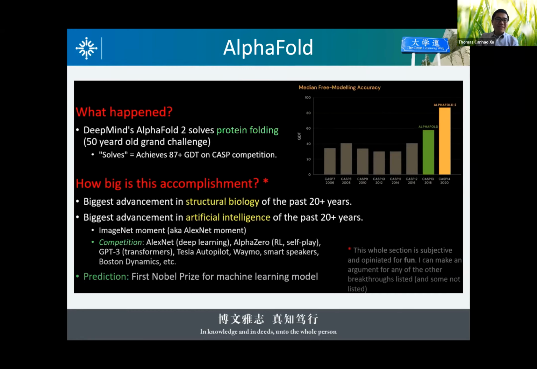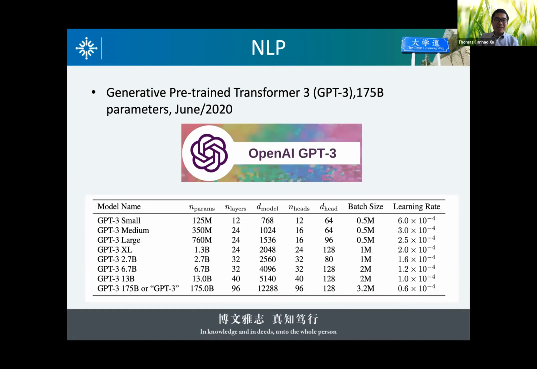Besides these big things, in recent months we also heard about NLP, natural language processing. Just 6 months ago, in June 2020, we had GPT-3, the so-called Generative Pre-trained Transformer. They produced a very smart natural language processing robot.